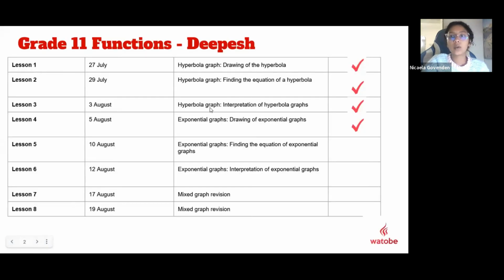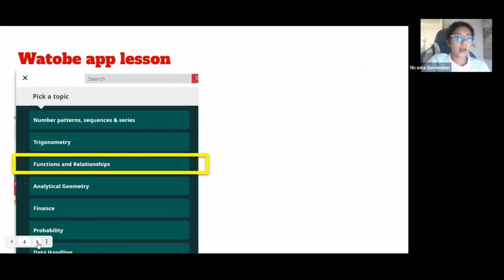So just an overview of what we were doing. We did lesson 4, and that was the drawing of the graphs. Our next lesson is on the 10th, and it's going to be finding the equation of the exponential graphs. Your homework is going to be functions and relationships.